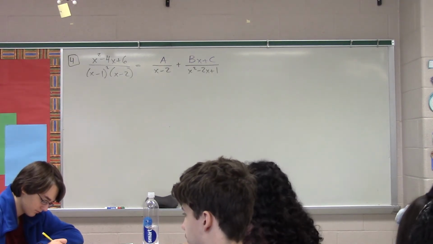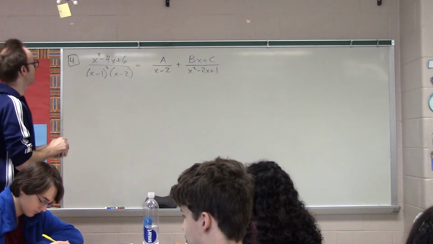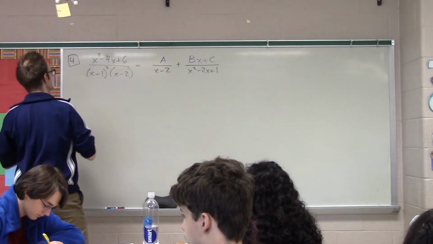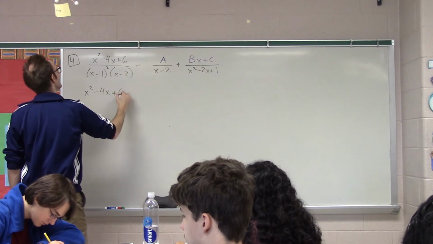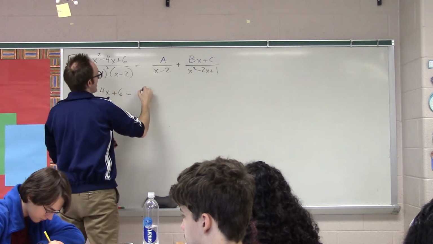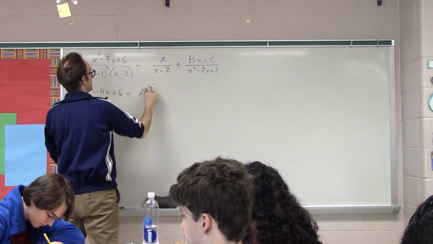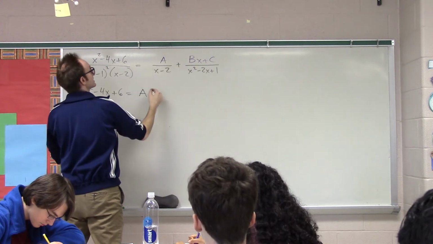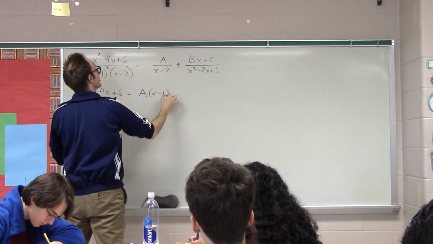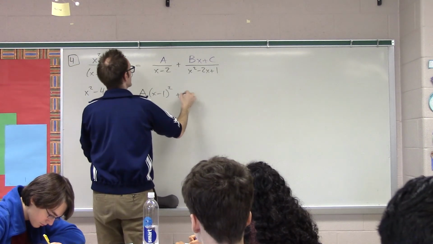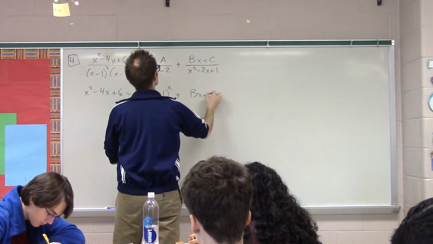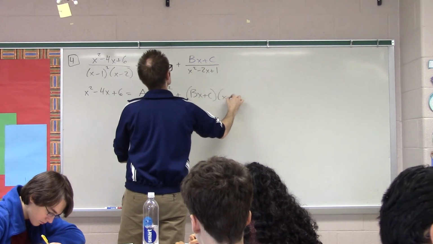All right, so now we can just start doing the problem. And I think it ends pretty quickly, so here we go. Here we're going to have a times, that's really x minus 1 squared, right? Plus bx plus x minus 2.